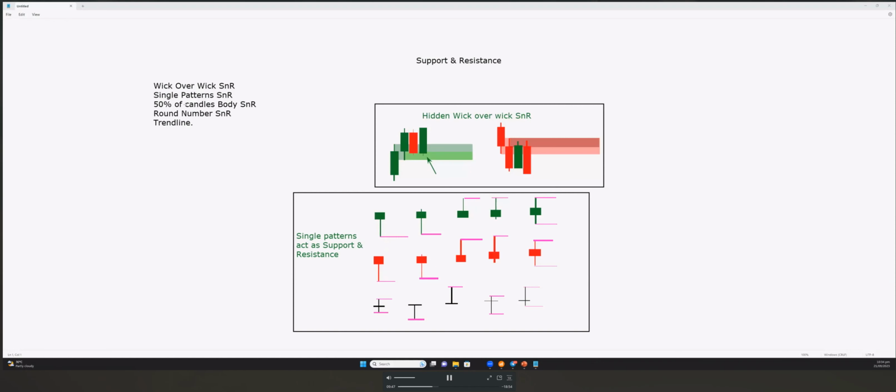After that, a candlestick has a 50% level that will be called a support and resistance. For example, if you find the bias is moving up in this direction, moving up in this direction, moving up.